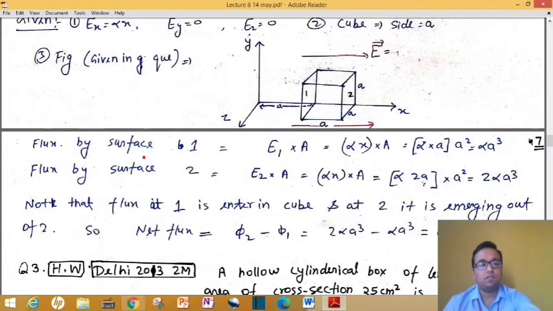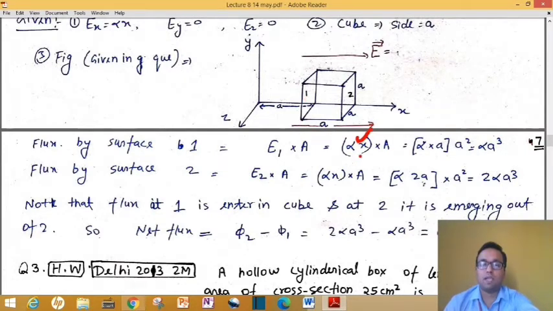Flux by surface 1: the first point is flux by surface 1, that will be E1, the electric field at 1, times A. Now the electric field is alpha x. Okay, it is different. If you replace the value of x, you will get the electric field at point 1.